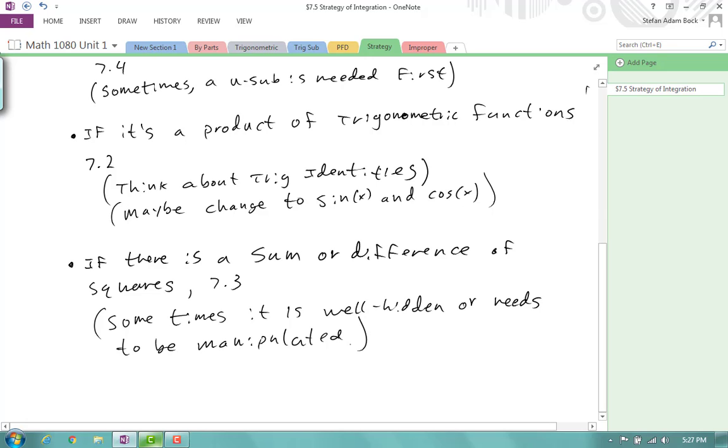So you might have to do some legal algebra, or maybe some really funky stuff like, oh, I have an x, but I'm going to look at it like the square root of x instead, and try to do a u substitution to make it look more obviously like a 7.3 type of problem.